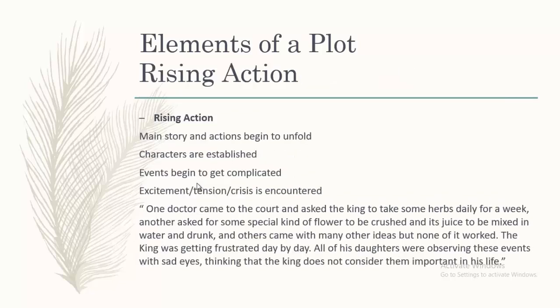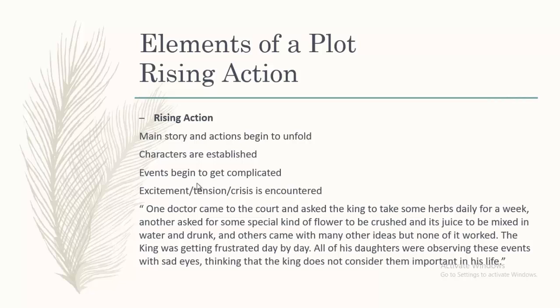The second element in the plot structure is rising action. And in this part, main story and actions begin to unfold. The main story starts to grow, and main actions occur. Whatever events are there in the story, the main events will happen in the rising action part of the plot. And in this part, characters are also established.